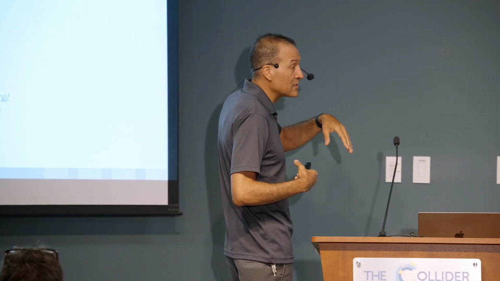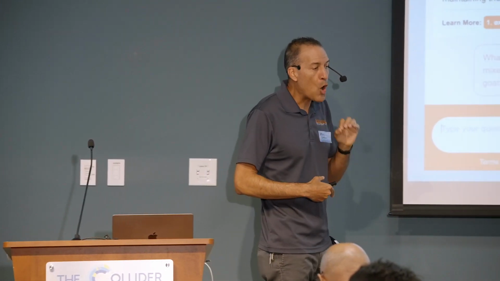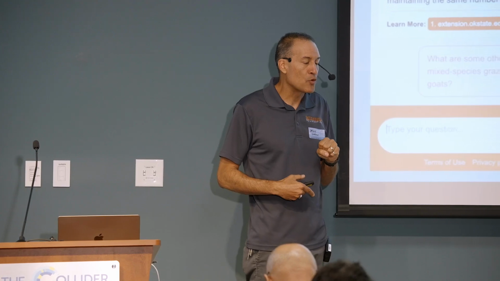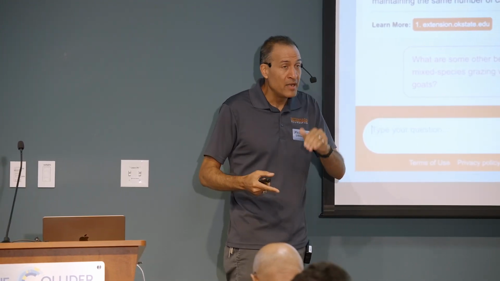If you use the tool on Oklahoma State's website, it's configured specifically to favor Oklahoma State's resources. The way it works is it downweights everything else, and by virtue of that, the Oklahoma State resources are going to bubble up to the top.